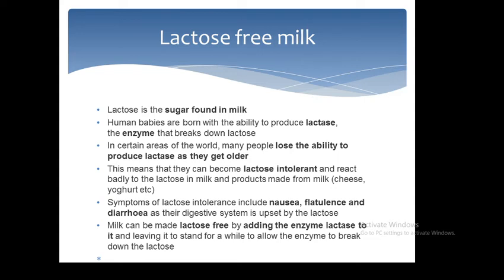In certain areas of the world, many people lose the ability to produce lactase as they get older. So when people get older, what happens? They don't have the lactase enzyme. This means they can become lactose intolerant and react badly to lactose in milk and products made from milk.